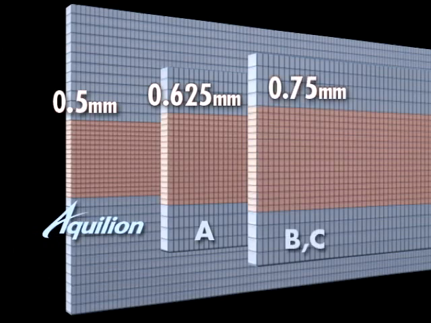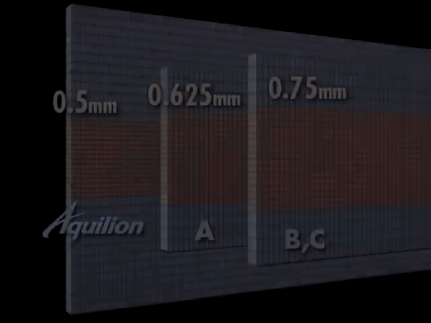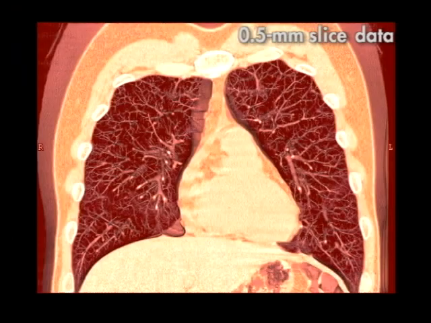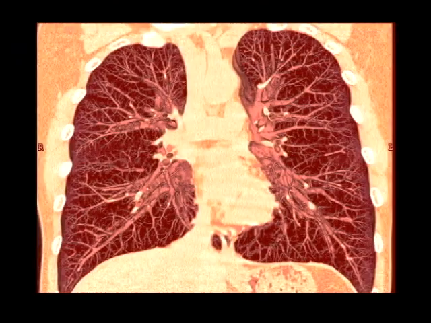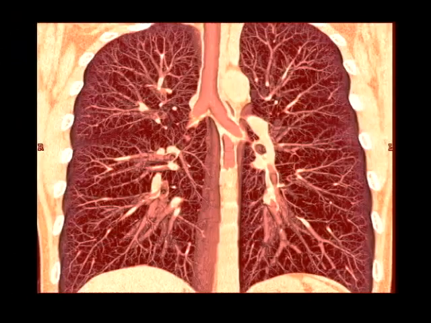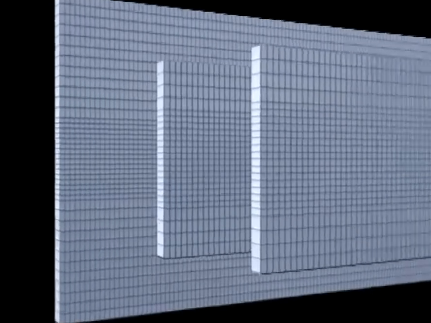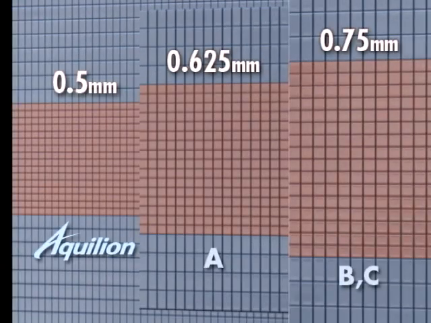What do these differences in slice thickness mean? Although the diagnostic value of the half-millimeter slice is now firmly established and achieving a thinner slice is a common aim, why do these differences, even now, persist?